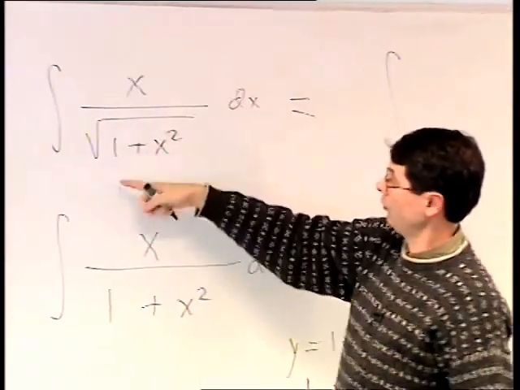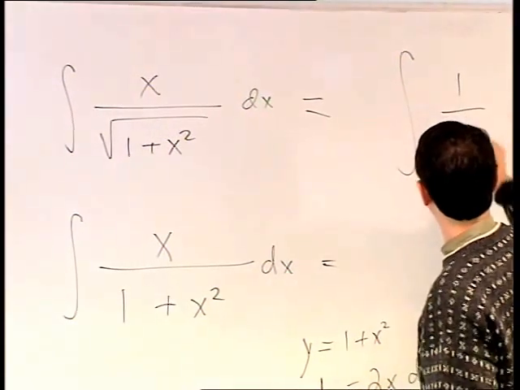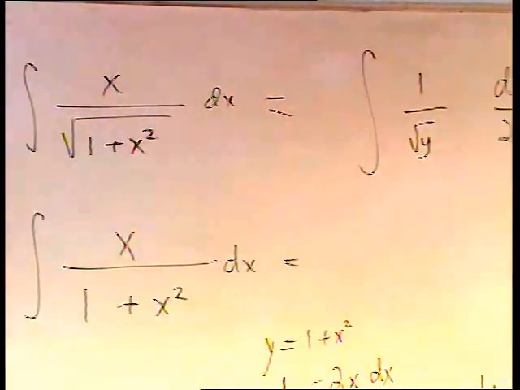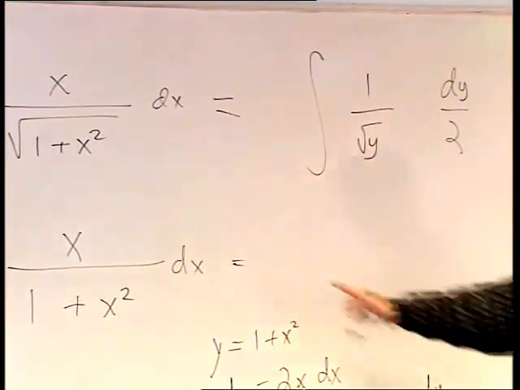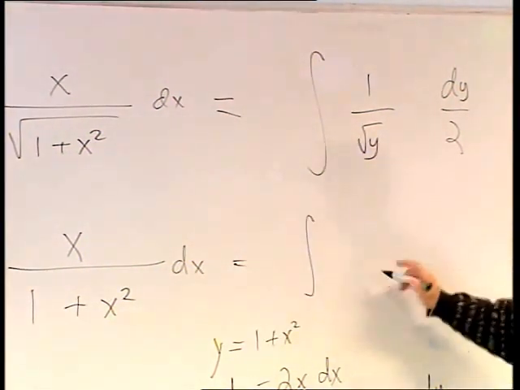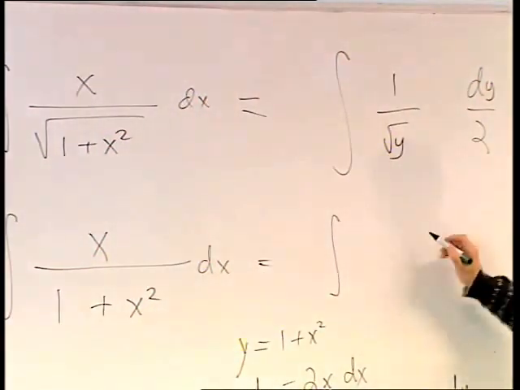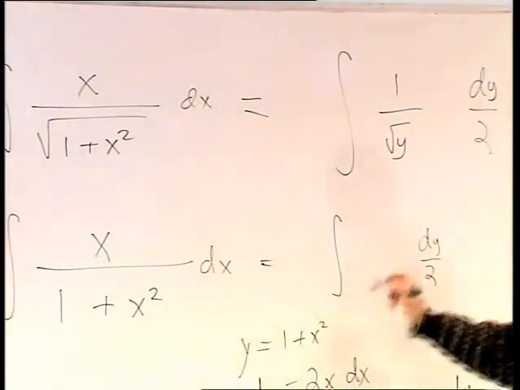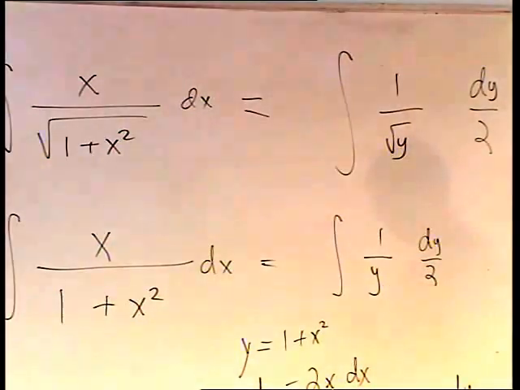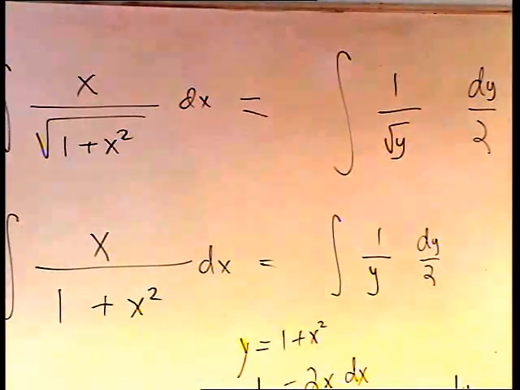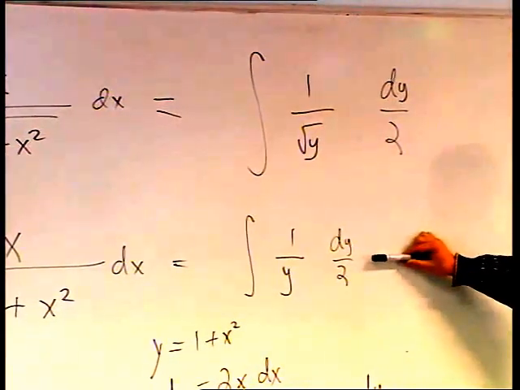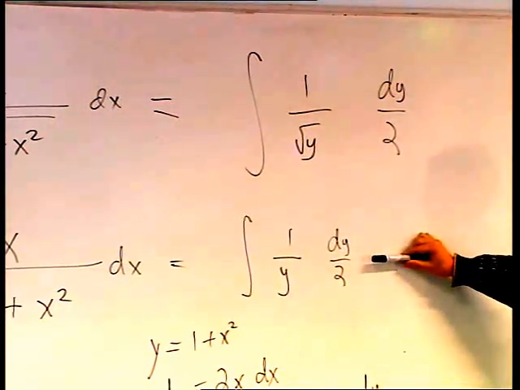One divided by the square root of y. The bottom one, x dx, is dy divided by 2 times 1 divided by y. And now you can do them. This one you use the power rule, and this one here you use the logarithm rule.